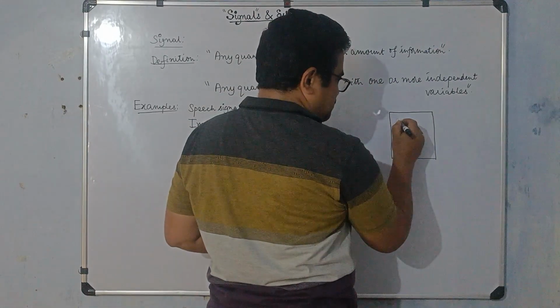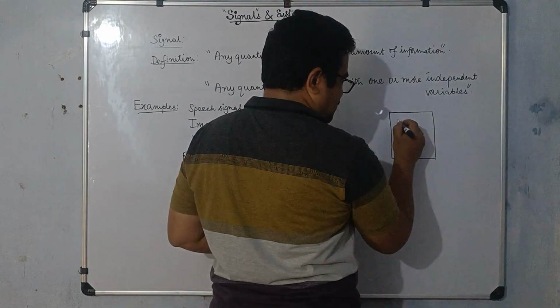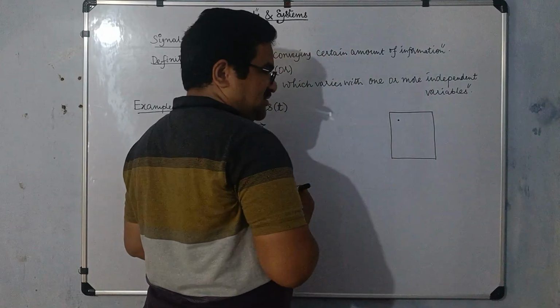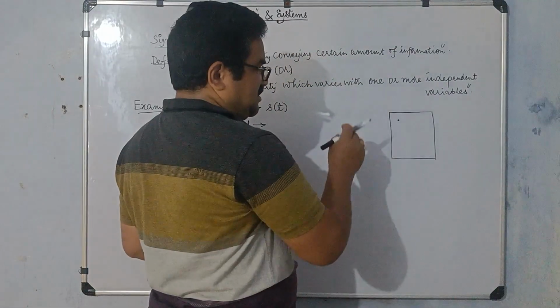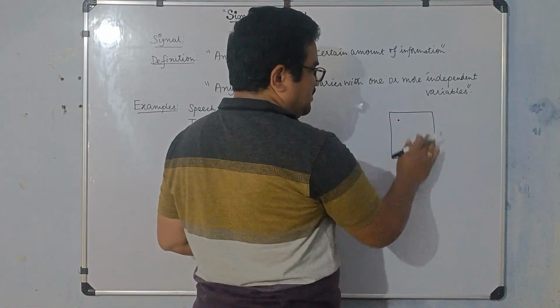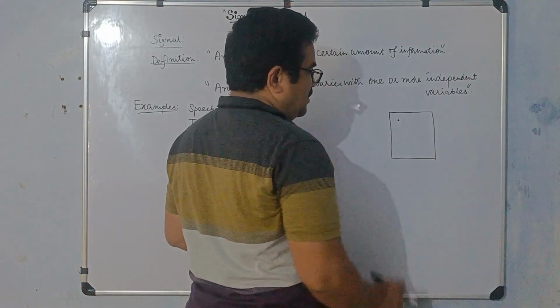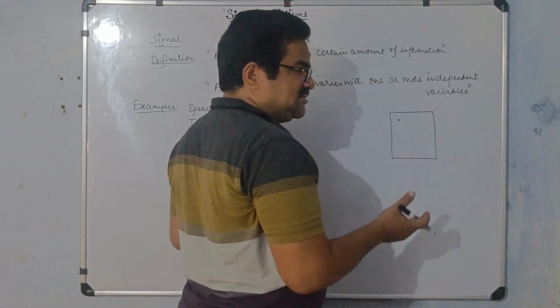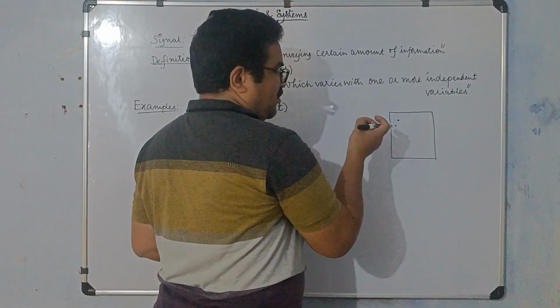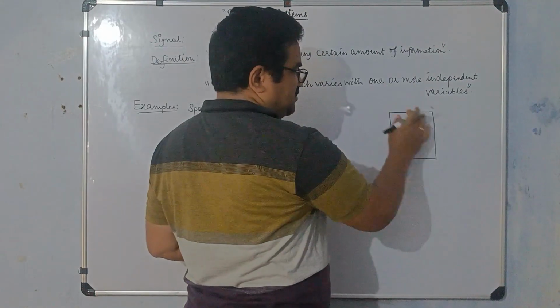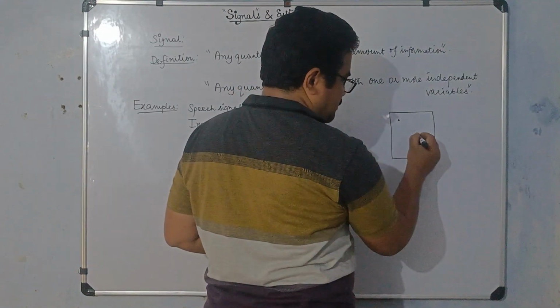So in that image, the intensity of any point is different at different locations. Or if it is a color image, the color of the point keeps on changing from one point to another point.